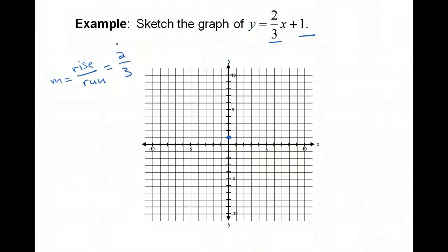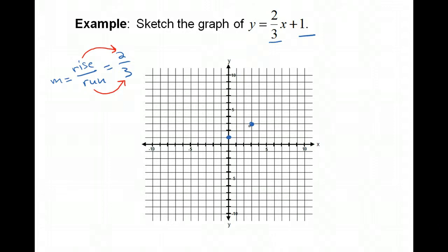That means from my y-intercept, or actually between any points, I am going to rise 2 and then run 3. So let's go back to our y-intercept. If I rise 2 and run 3, I end up with this point right here.